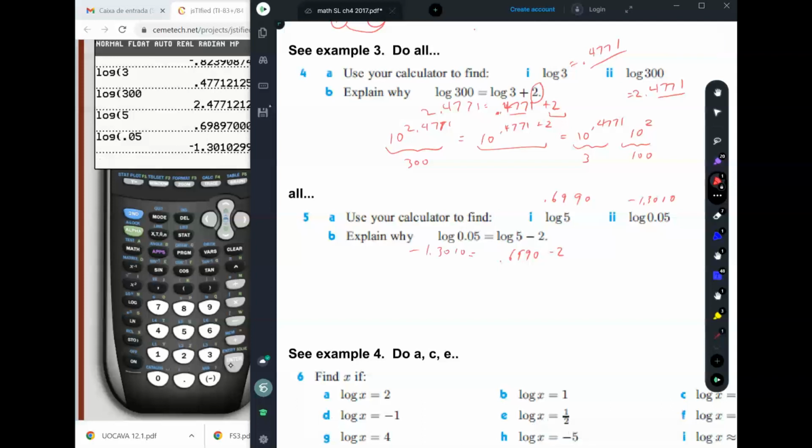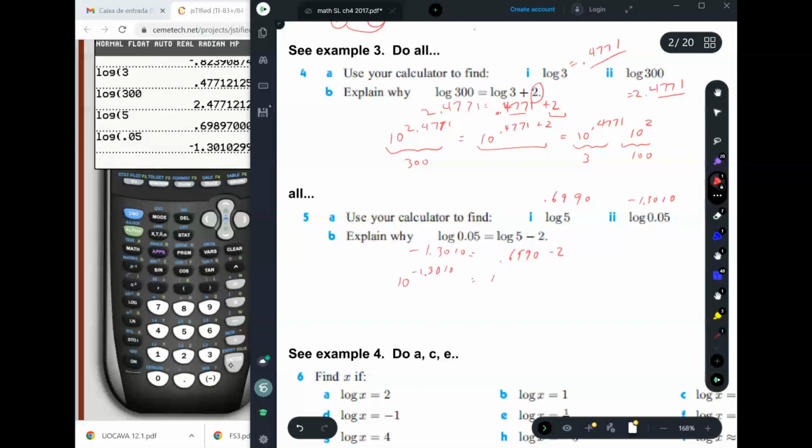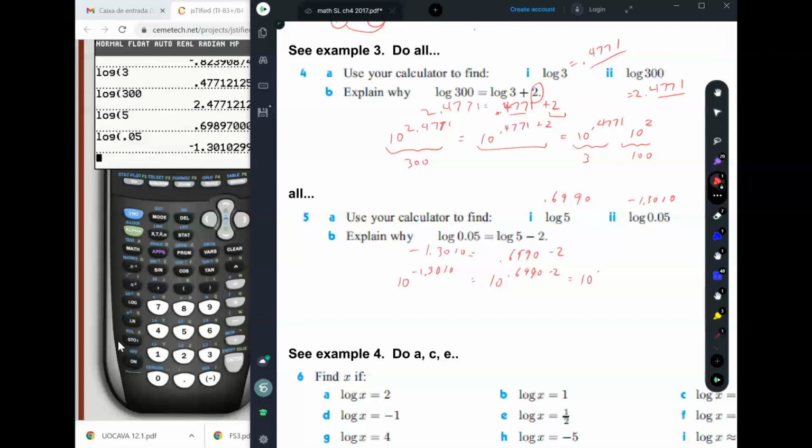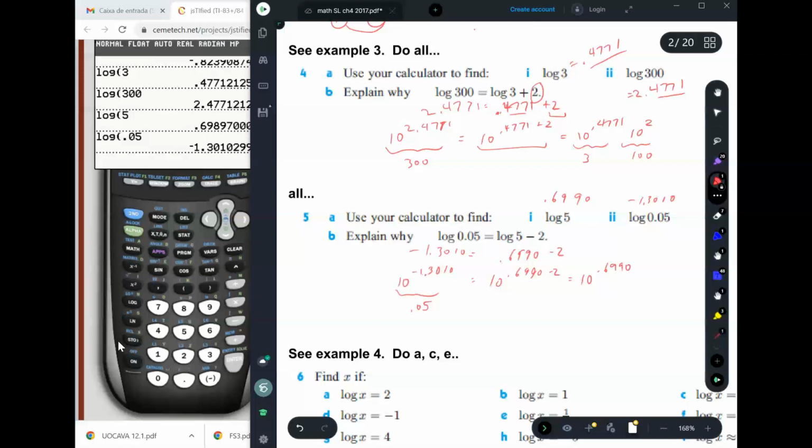So why is that true? Well, remember, if we represent this as powers of 10, we can see that actually 10 to the negative 1.3010, which is equal to 0.05, is equal to 10 to the 0.6990 times 10 to the negative 2. And 10 to the 0.6990 is 5, and 10 to the negative 2 is 0.01.